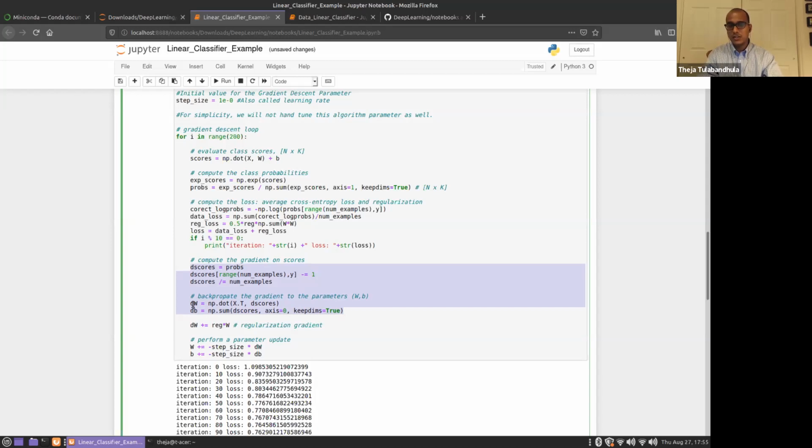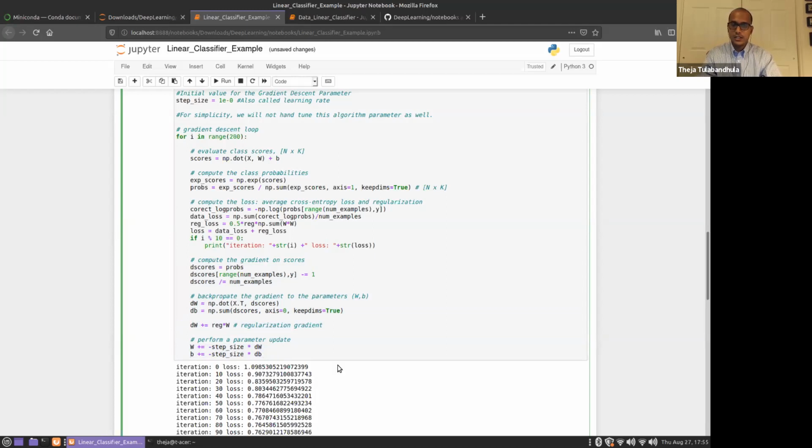DW is going to be the same size as W, and DB is going to be the same size as B. Because they're the same sizes, we are doing this gradient update. W is equal to W minus step size times the gradient of loss with respect to W. And similarly, B1 is equal to B0 minus step size times the gradient of loss with respect to B.